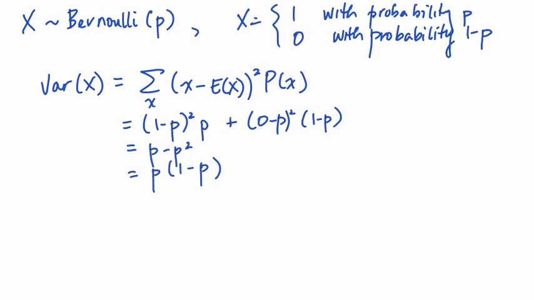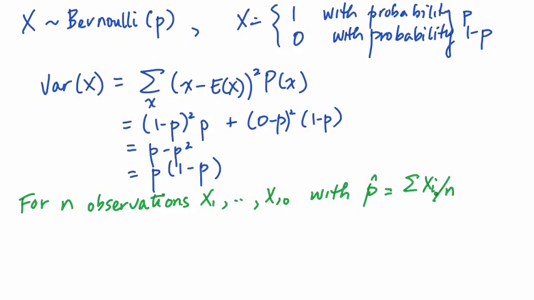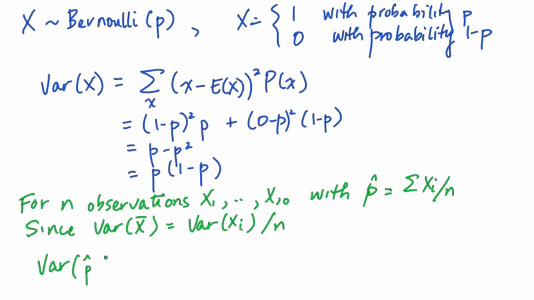And in a previous video, Jeff showed that when we're taking the mean of a series of variables that have the same variance, the variance of the mean is the variance of the individual variables divided by n. So since p hat is a mean of 10 Bernoulli random variables, the variance of p hat is then p times 1 minus p over n, and the standard deviation is the square root of that.